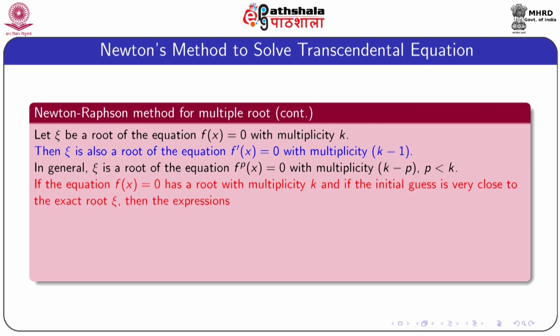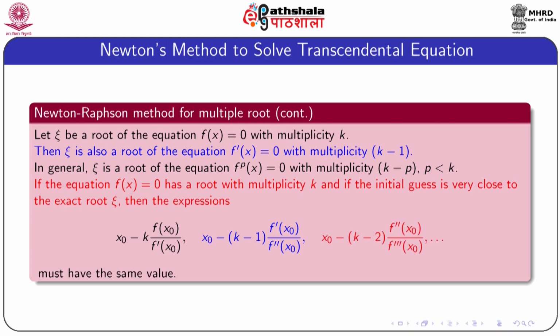So, if the equation f(x) equal to 0 has a root xi with multiplicity k, and if the initial guess is very close to the exact root xi, then the following expressions, that means x0 minus k into f(x0) by f'(x0), x0 minus (k minus 1) into f'(x0) by f''(x0), x0 minus (k minus 2) into f''(x0) by f'''(x0) and so on, must have the same value.